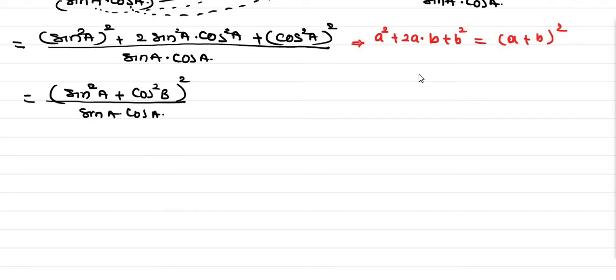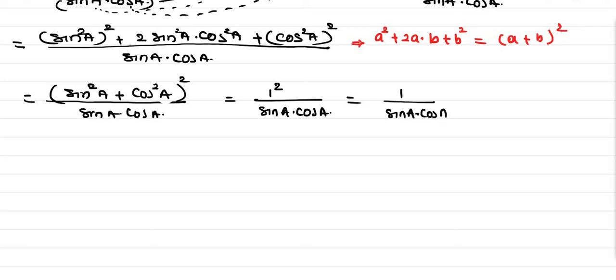Now sin square a plus cos square a, I have made a mistake here, this will be cos square of a. So sin square a plus cos square a comes out to be 1 square upon sin a into cos a. 1 square means this is 1 upon sin a into cos a.